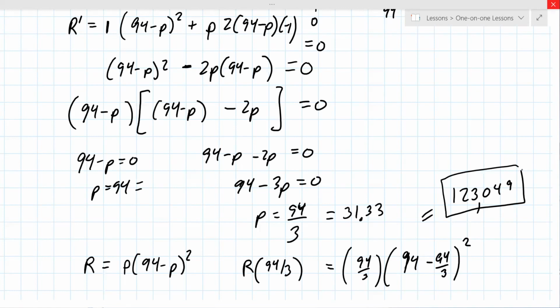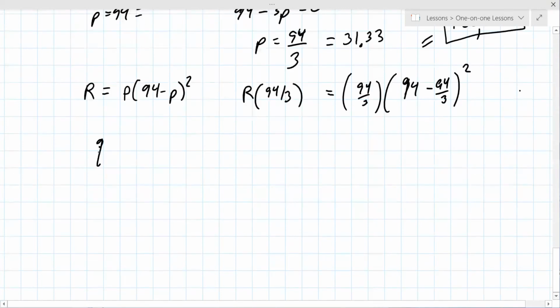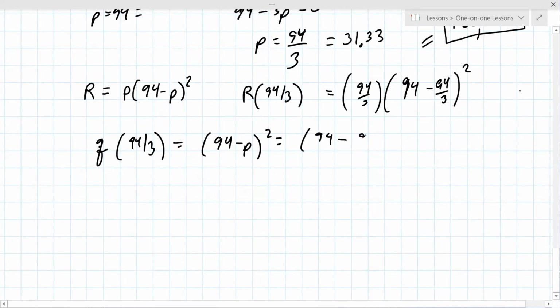So I gave you the wrong thing. They don't want the revenue; they want the quantity. So that is completely wrong. The quantity at 94 over 3 is that 94 minus P squared. So that's the 94 minus 94 over 3 squared. I didn't read it correctly.